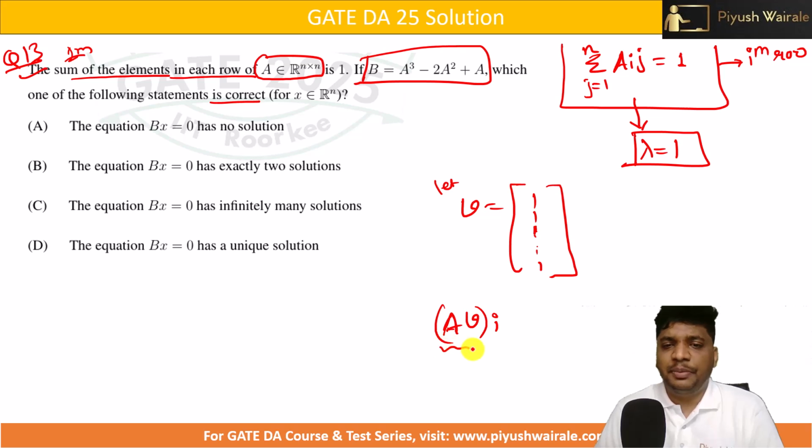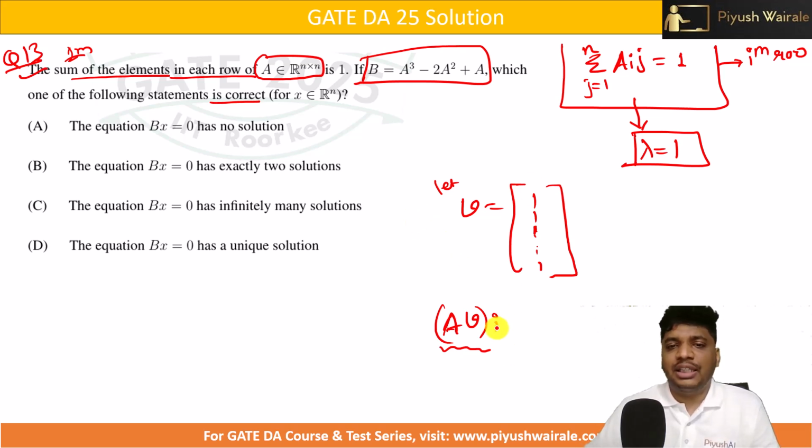If we consider this product A into nu, how is the ith element of this product going to get calculated? We are talking about that particular row. How will the product happen? The ith row into all the elements of this column nu, right?